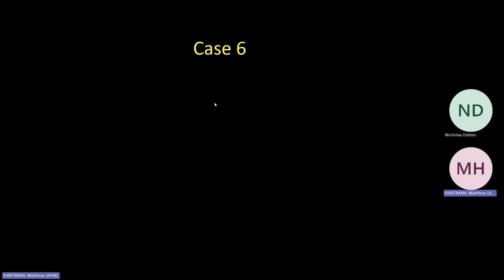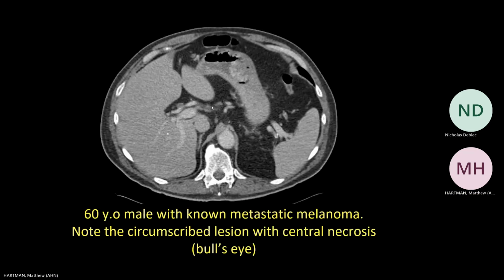Okay, our next case. This is a little bit of an eye test. So we're given the history of melanoma. We're looking all over, could be anywhere, could be in the skin. Liver is a great place to look. This lecture is on stomach, so we'll focus our attention there.